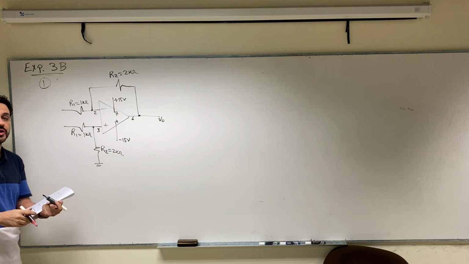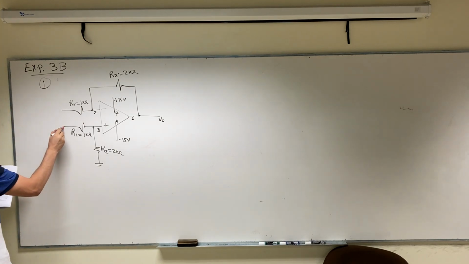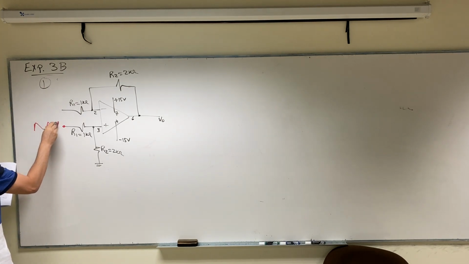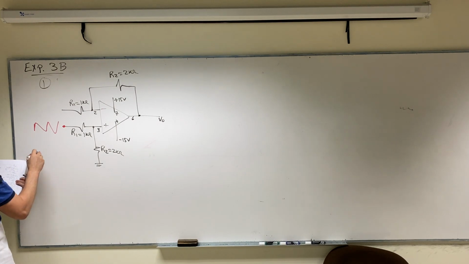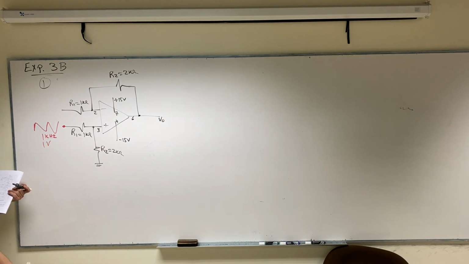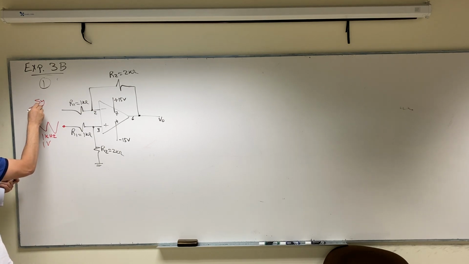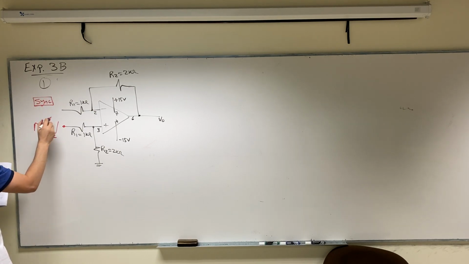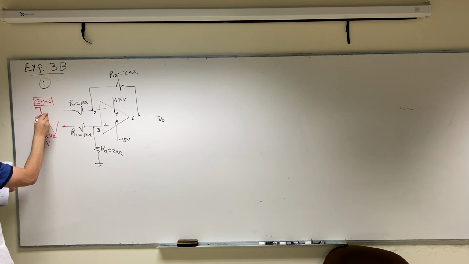We are going to feed this circuit with two input signals. Again, from the function generator, we are going to generate a triangular signal with 1 kilohertz and 1 volt amplitude. And then we are going to use the sync output from the function generator to generate a square wave.